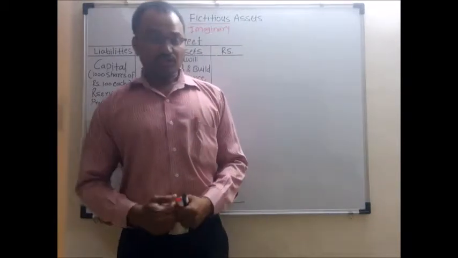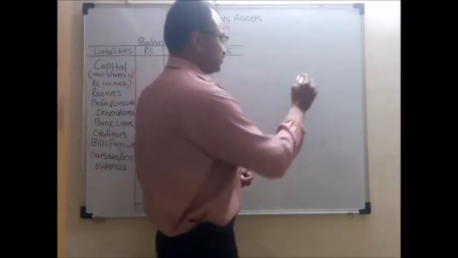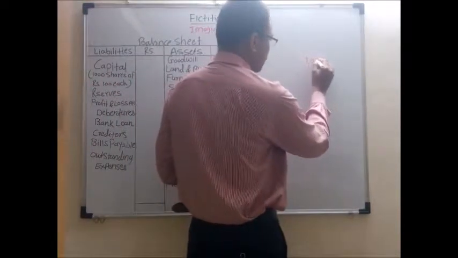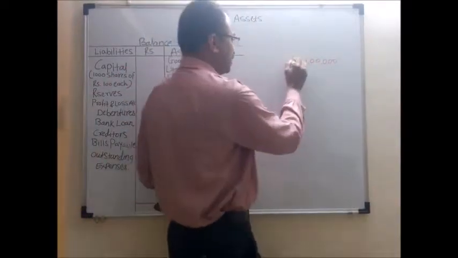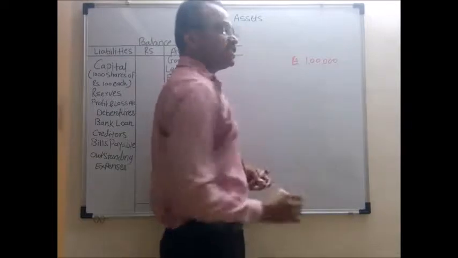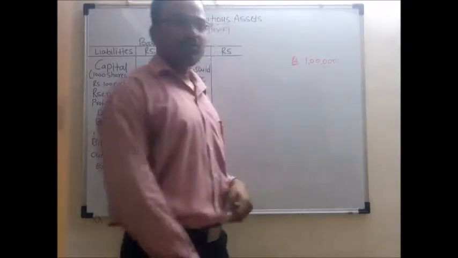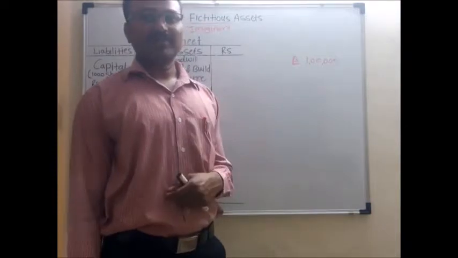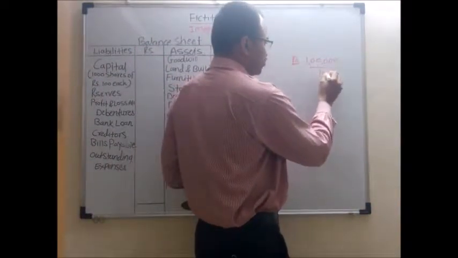So suppose I want to raise the capital of rupees 1 lakh by issuing shares, and the price of one share of my company is rupees 100. It means the price of one share is rupees 100.